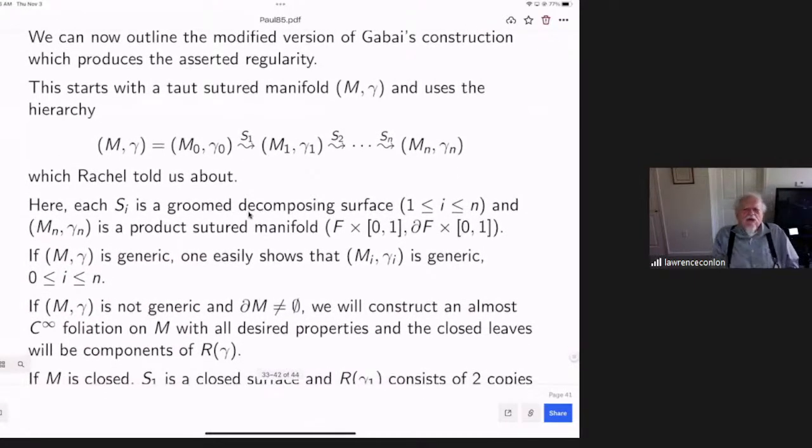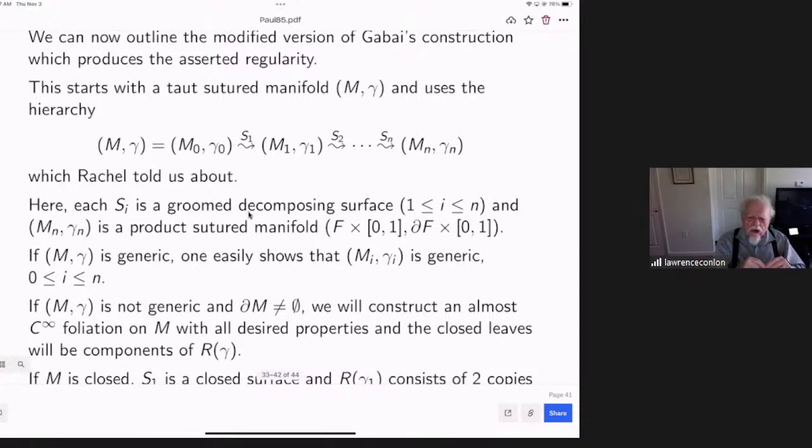Now, here's how things go, the inductive construction. You start with the taut sutured manifold and you use the hierarchy that Rachel told us about. Now here, each S_i is a groomed decomposing surface, and M_n, gamma_n, is a product sutured manifold.